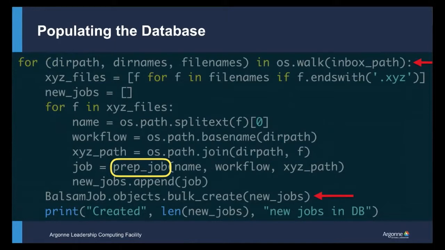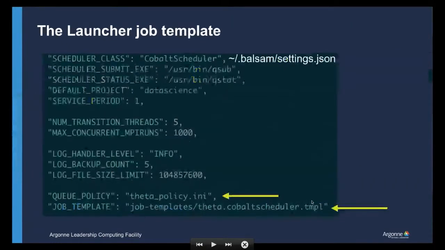You can use all the existing tools in the Python standard library, which are great for stepping through the file system and filtering jobs for whatever criteria you may have. And then we create a job for each one. In this case, we're not explicitly saving the jobs in the loop, but in this final command here, we're inserting all of the jobs at once.